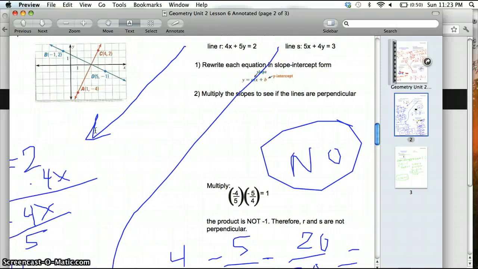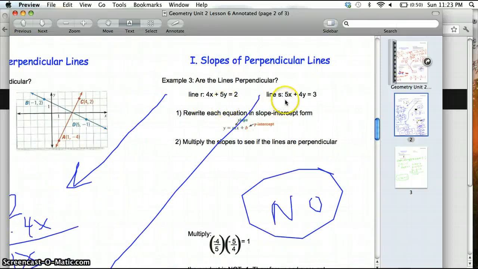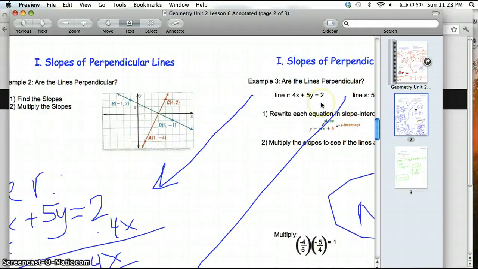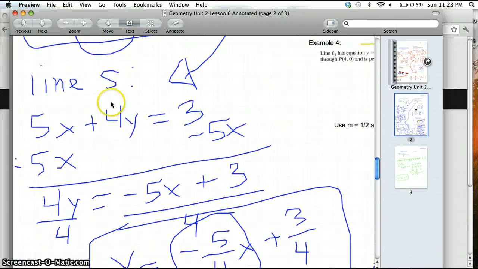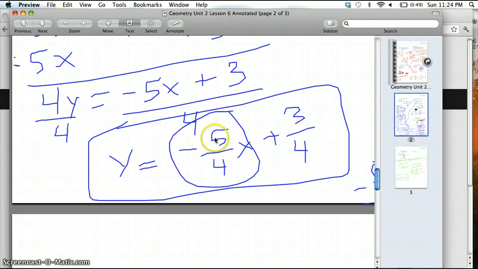So then let's look at line S. Line S is 5x plus 4y equals 3. So let's go ahead and write that out. We want y by itself, so I subtract 5x from both sides, and I get 4y equals -5x plus 3. I divide by 4, and you get y equals -5/4 x plus 3/4.